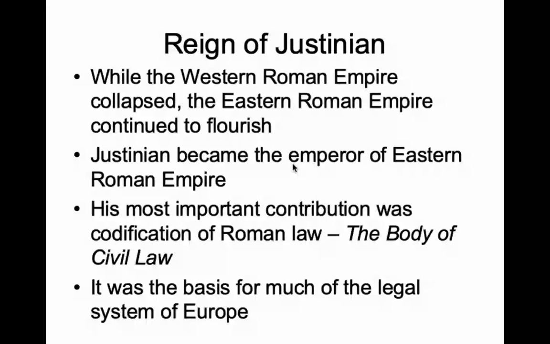Justinian takes over the Eastern Roman Empire and it starts to flourish. When we talk about the Byzantines, it really is the Roman Empire. Historians call it a different name so we can distinguish between the Romans and Justinian, but it's really the same and in the same place.